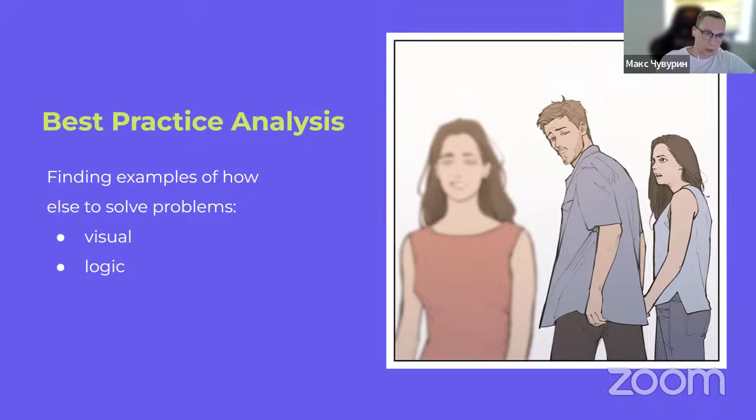Thanks to best practice, you may already have some ready-made solutions, and even if you don't, something in these references will help you understand how it can be designed. So that could be helpful.